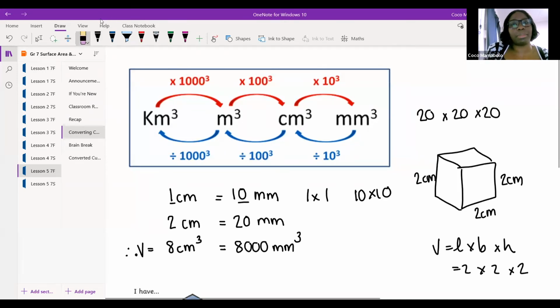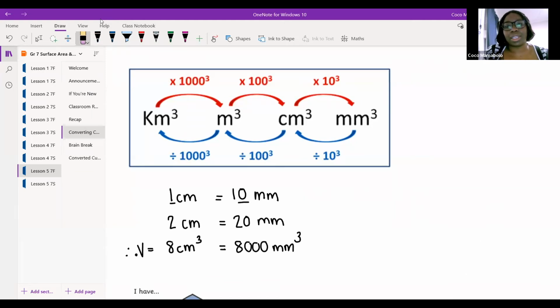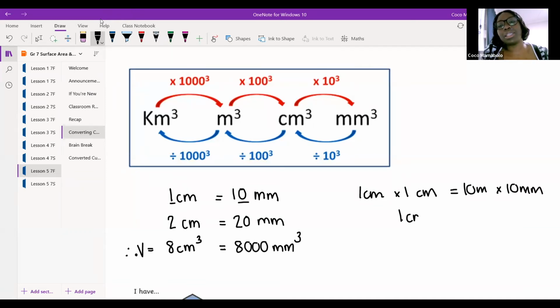Let me put the dimensions there, otherwise we're going to lose it. It's the same thing as 10 times 10. So 1 centimeter times 1 centimeter is the same thing as 10 millimeters times 10 millimeters. Okay, so 1 centimeter squared is the same as, how many millimeters am I going to get, guys?